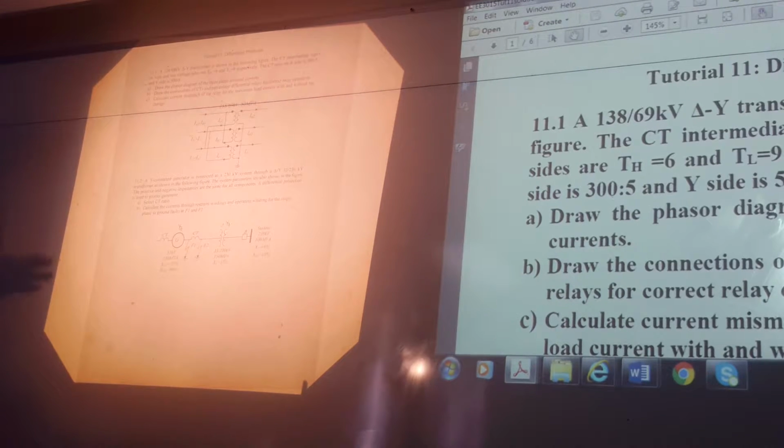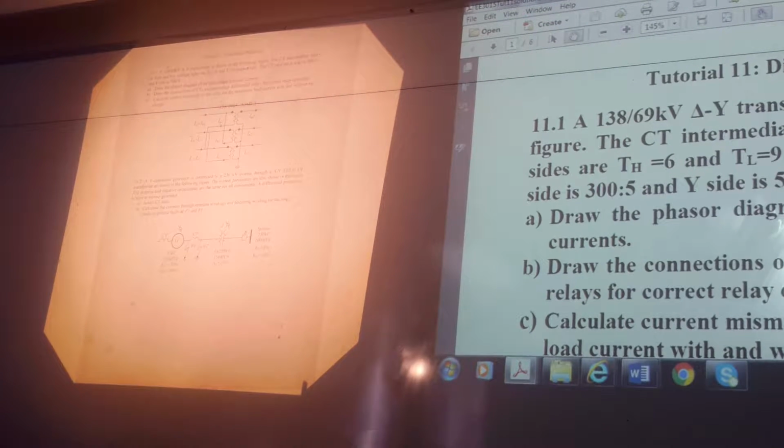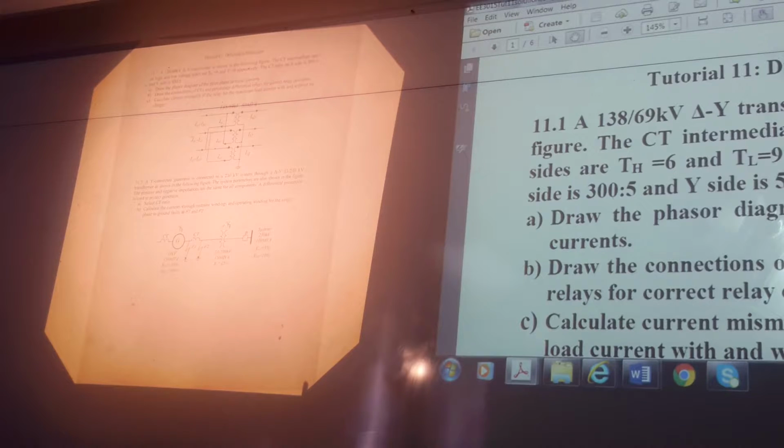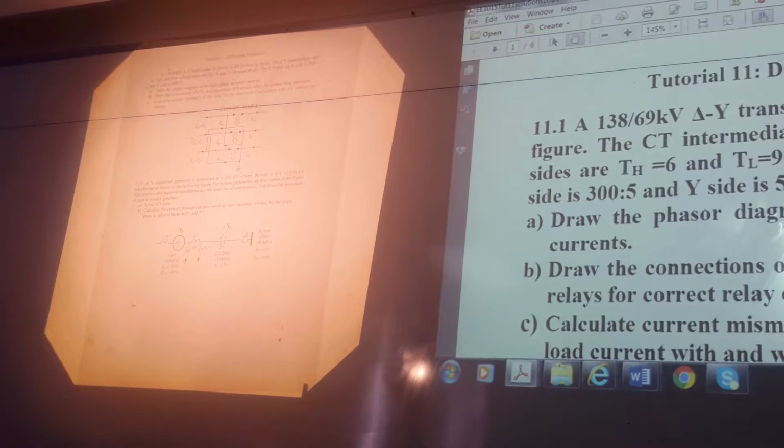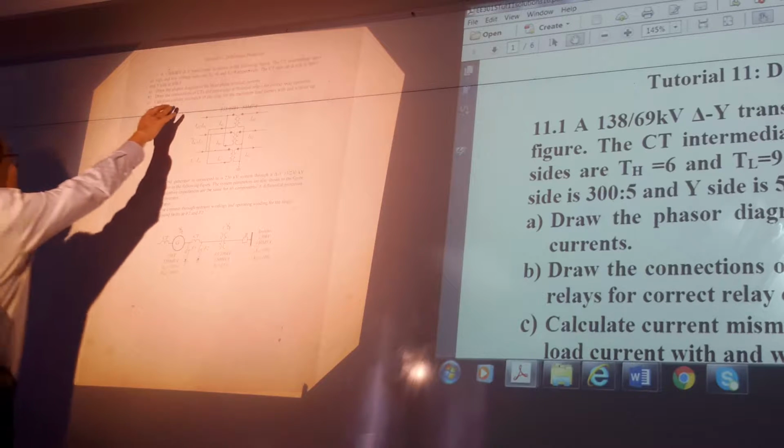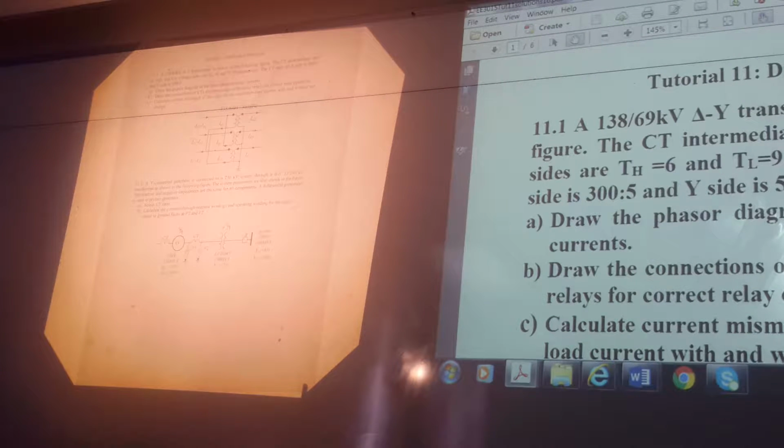You want the two to be line current in order to get a mismatch as low as possible. But due to the delta Y connection, you may not have exactly the same type of current cancellation. So that is a mismatch, and that's why you are asked to compute the current mismatch. And how do you actually minimize the mismatch? That is the gist of the whole thing that you have to work on. So this is always the case with delta Y.